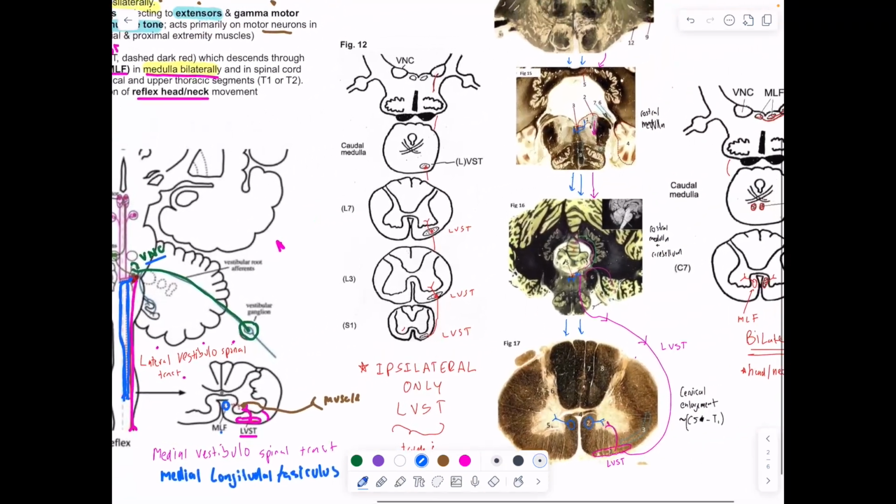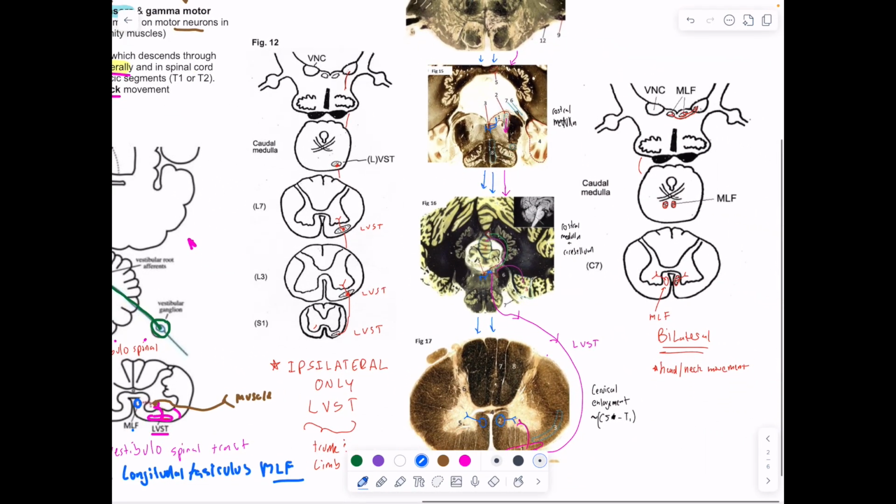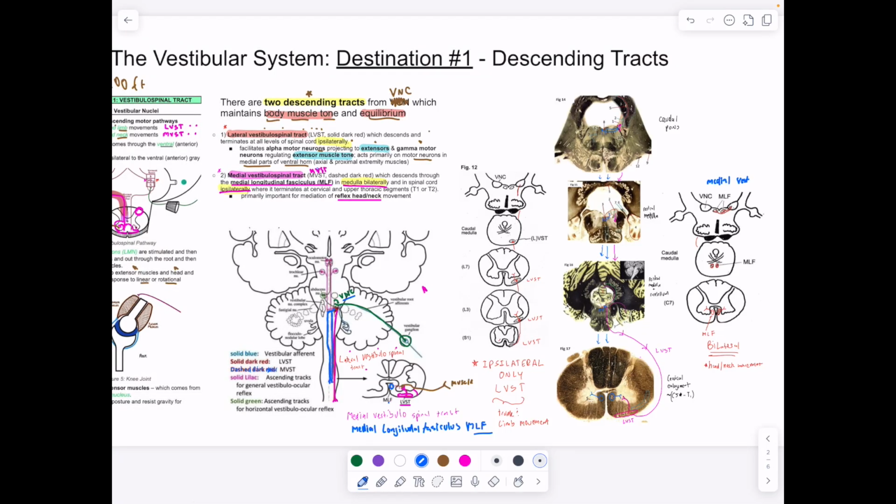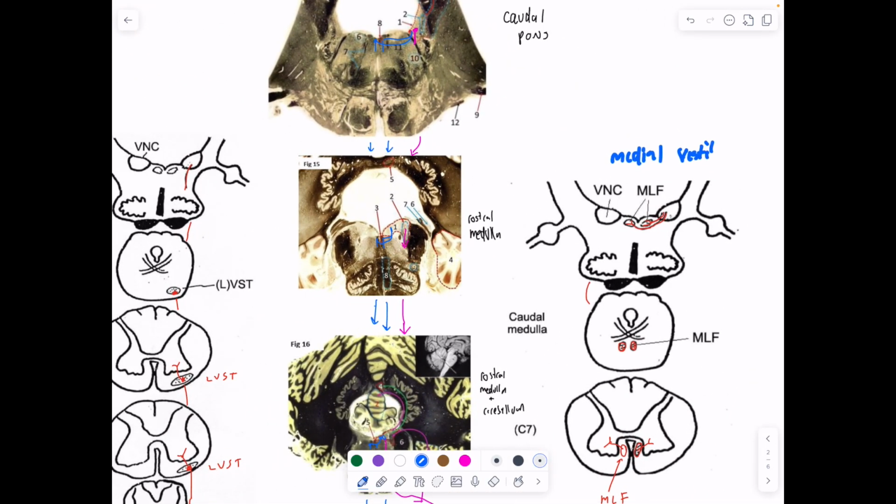All right, so let's just take a look at that, starting with the one we just talked about. So this is the medial vestibulospinal tract. Here we have our vestibular nuclear complex, and then we have our neurons coming to the medial longitudinal fasciculus right here, and it's going bilaterally, and then it's going to descend.